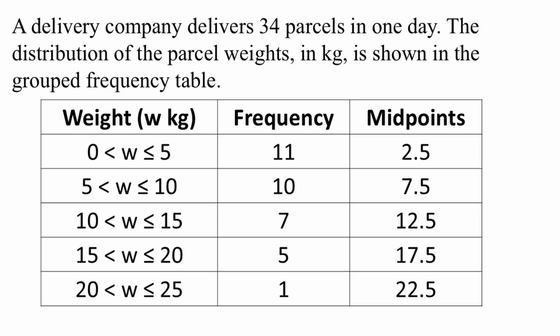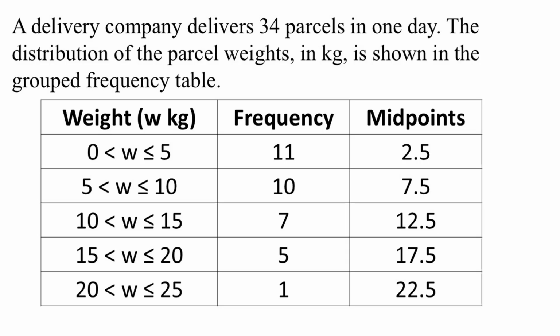Okay, so let's say you're given a grouped frequency table. Now, your calculator does not have a feature where you can insert a grouped frequency table, but it can still be useful here. If you recall back to the standard deviation video, we talked about the way that we estimate standard deviation for a grouped frequency table is by using midpoints. This is also the same way we estimate the mean.